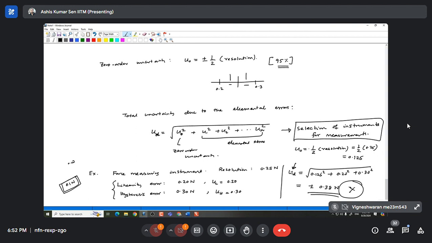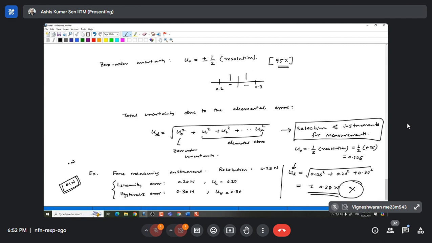of delta P? If you remember, in the very first class we talked about primary quantity and derived quantity. A derived quantity can involve several primary quantities, and these primary quantities can be directly measured using some instrument. So you will have n primary quantities, and each primary quantity from your measurement will have an uncertainty.